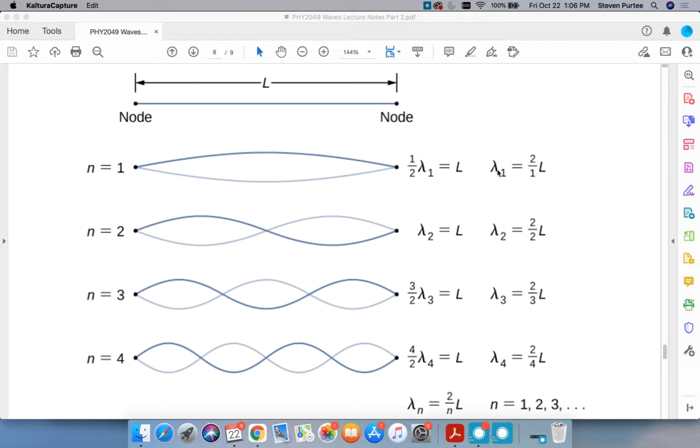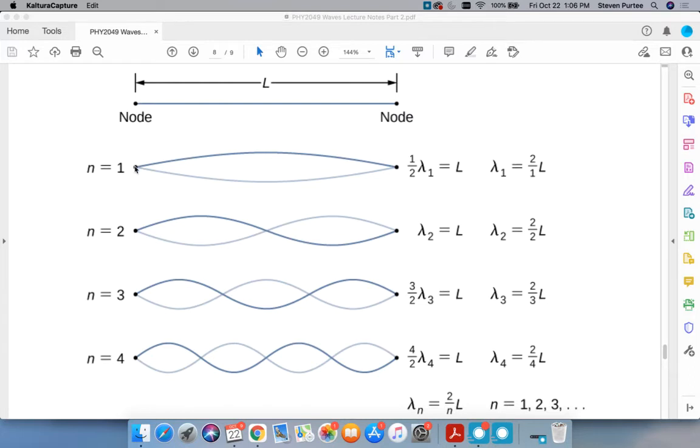So lambda here is twice L. This is our first standing wave, our fundamental frequency. That's the slowest you could bounce this jump rope up and down and keep it going in a pattern.